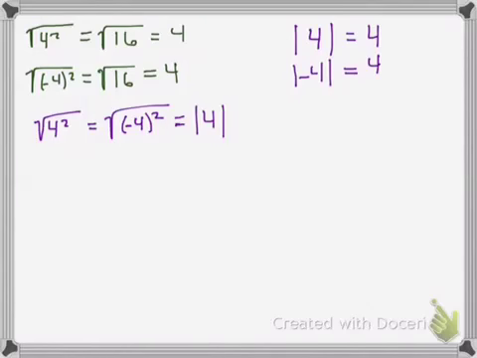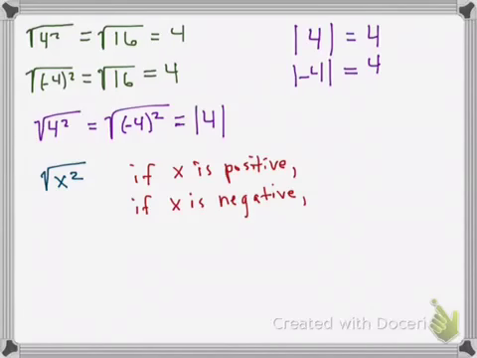Now let's take an unknown value, some arbitrary x, and do the similar thing with it. So x squared, and we're square rooting it. Well, I don't know what x is. It's an unknown variable. So there are two cases that I have to look at. If x is positive, then the principal root of x squared is x.